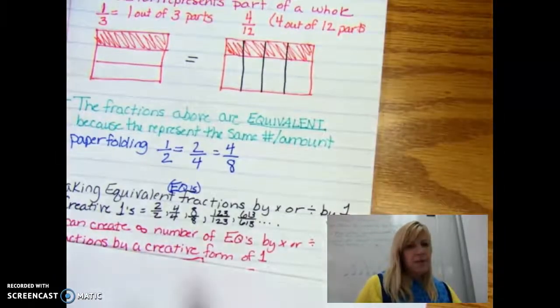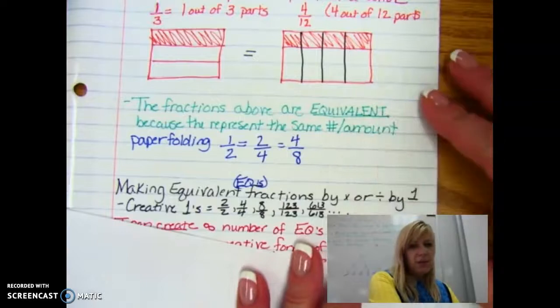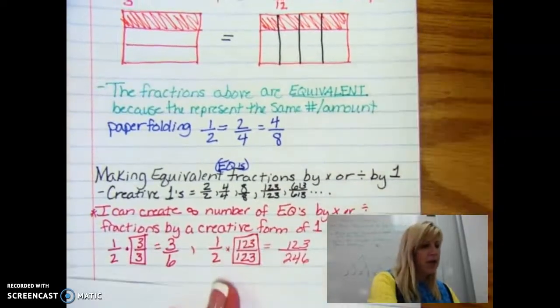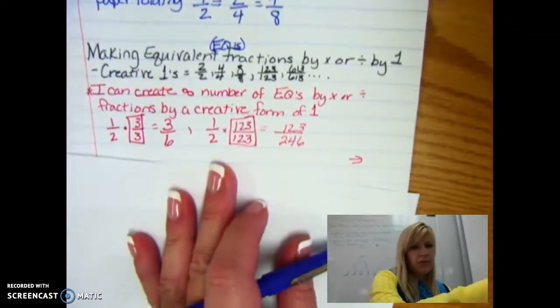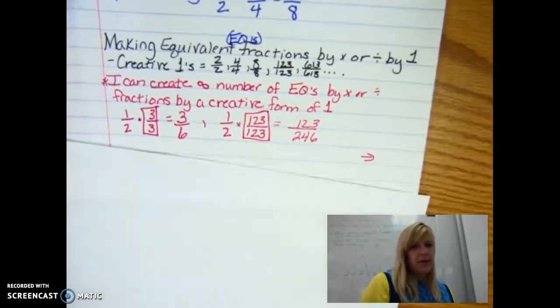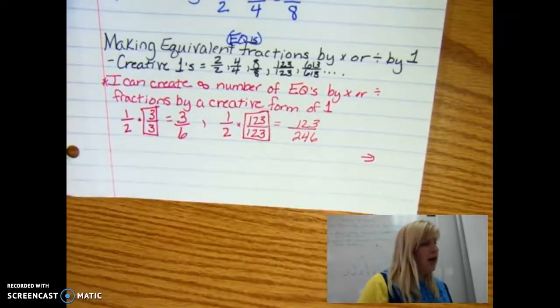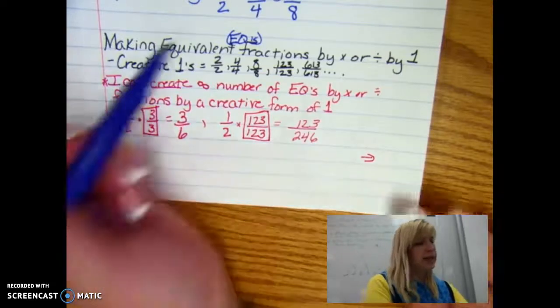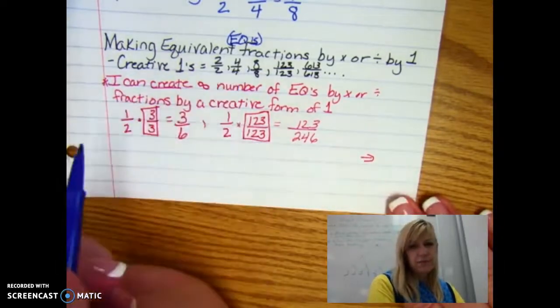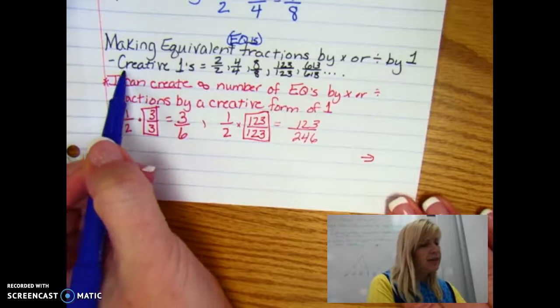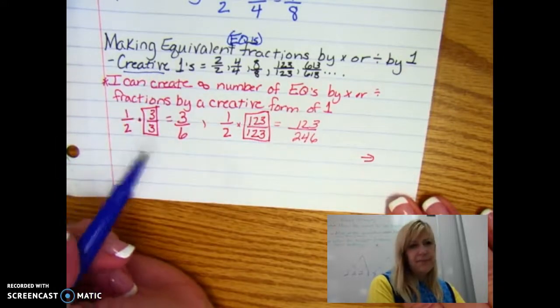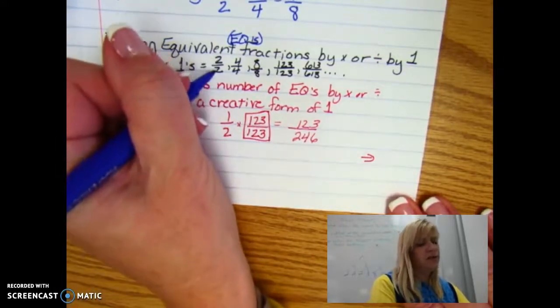Now we're going to talk about making equivalent fractions by multiplying or dividing by a 1. Bring this to the top. And I'm going to call equivalent fractions EQs. And I like to make creative ones. For instance, you can do 2 over 2.